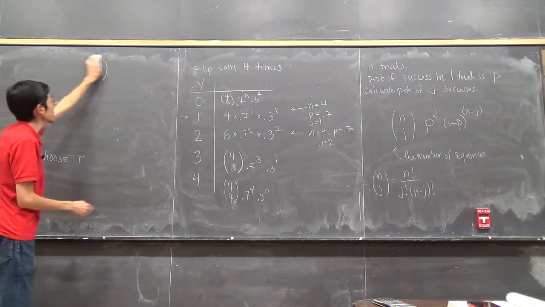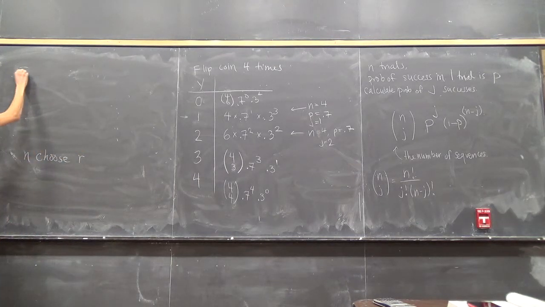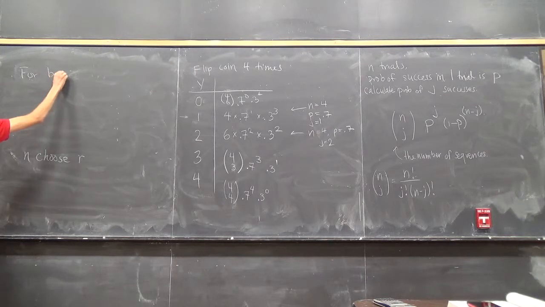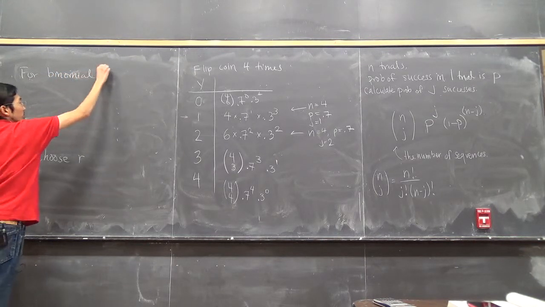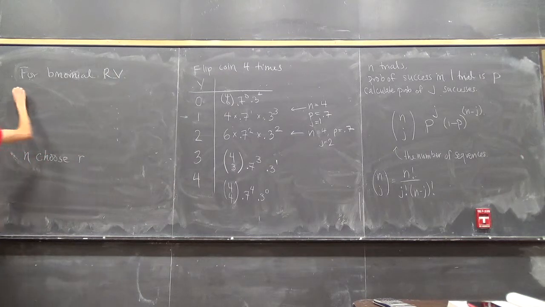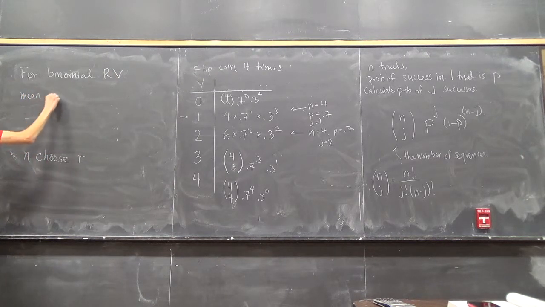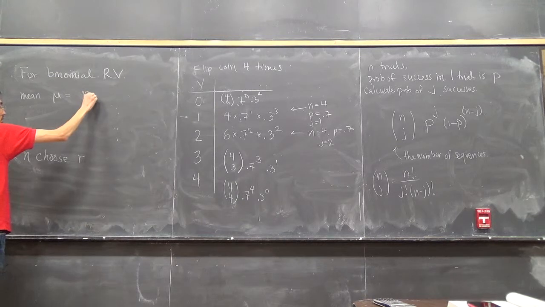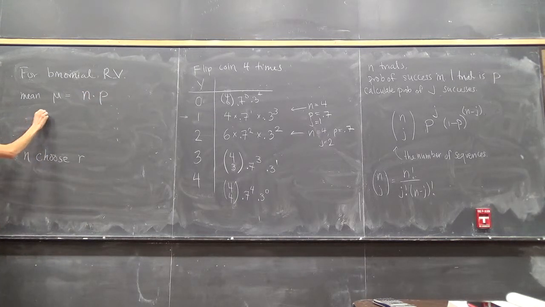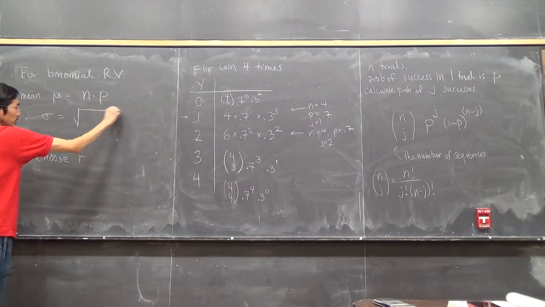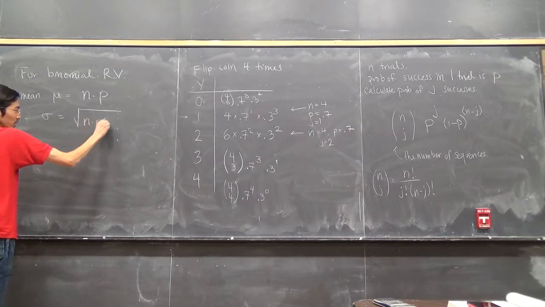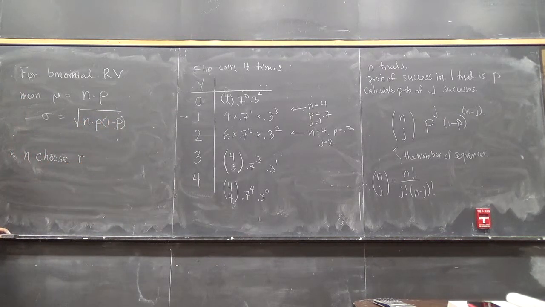For a binomial random variable, and this is only for a binomial random variable, the mean, mu, is equal to n times p, and the standard deviation, sigma, is equal to the square root of n times p times 1 minus p. Those are shortcuts to get the mean and standard deviation.